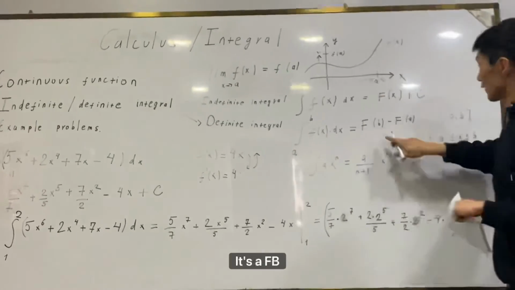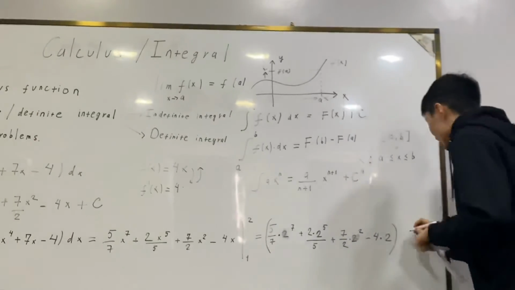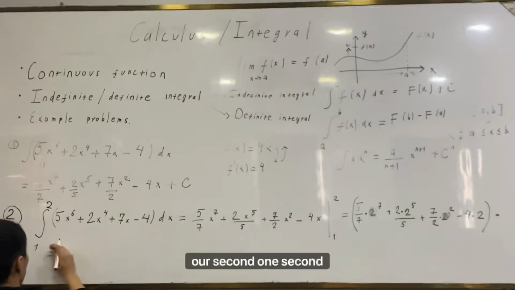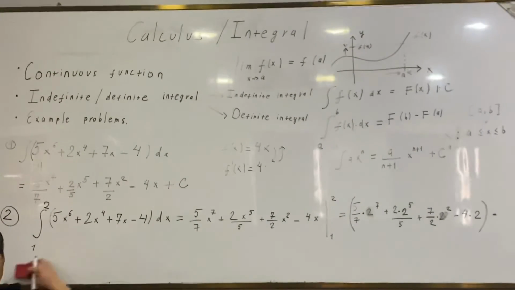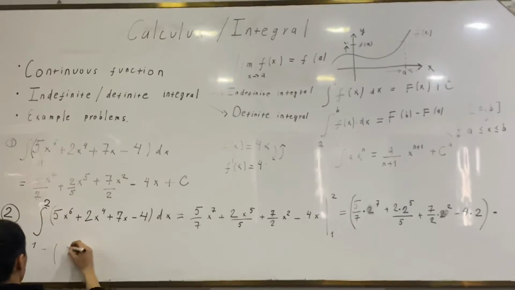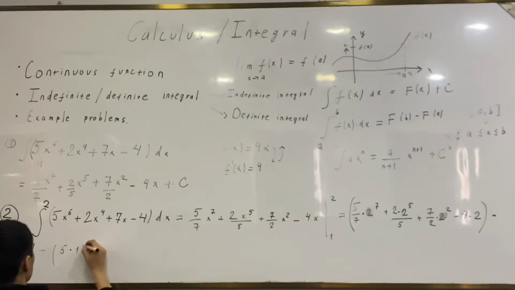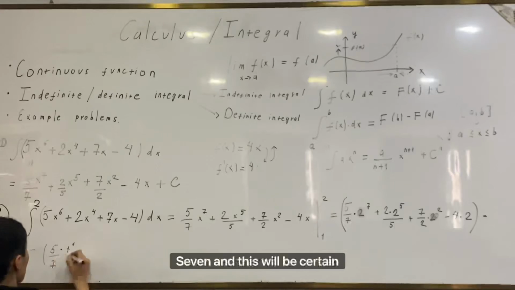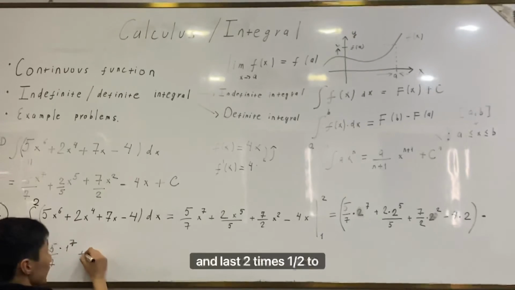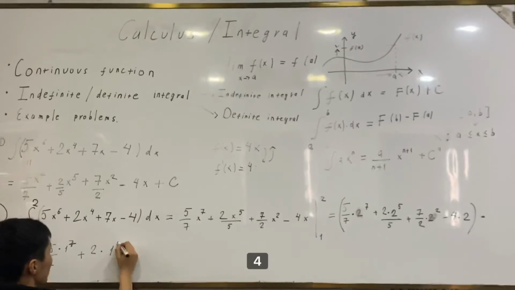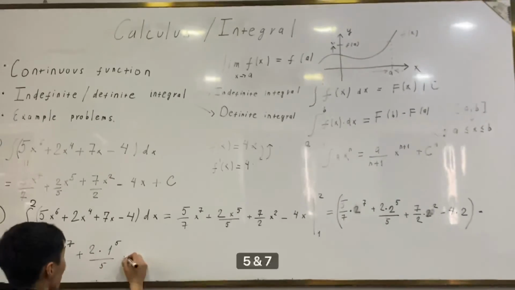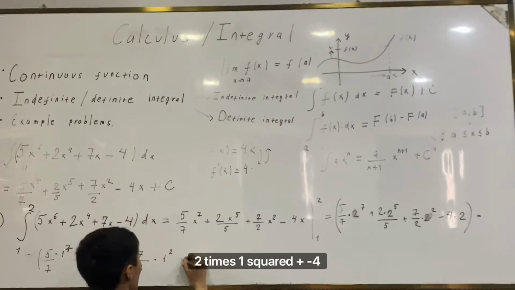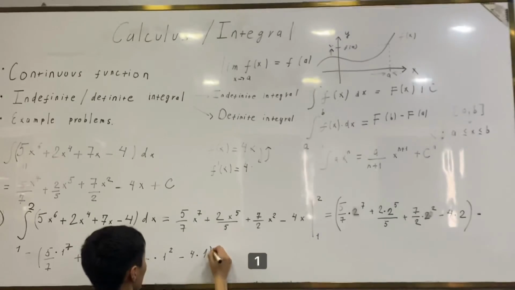It is now F of b, big F of b, minus our second expression: 5 times 1 to the 7, divided by 7, plus 2 times 1 to the 5 divided by 5, plus 7 over 2 times 1 squared, and minus 4 times 1.